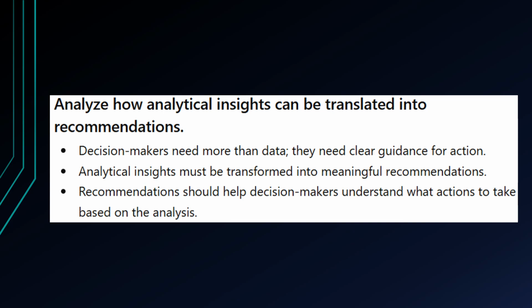The same analytical finding may lead to different recommendations in different contexts because organizations have different budgets, risks, timelines, and priorities. That is why recommendations should be grounded not only in the data, but also in the practical situation the decision maker faces.